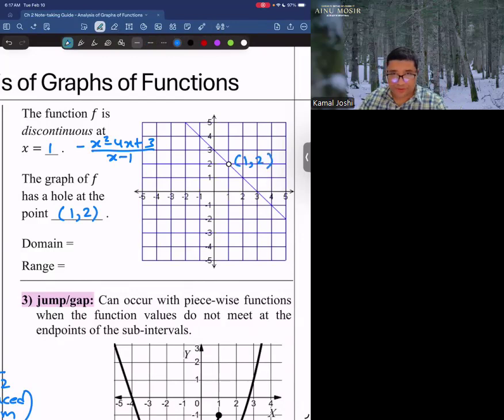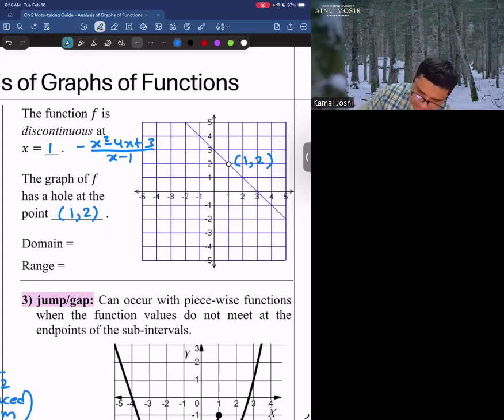I'm writing all this because these are the details you will need to know. If you have to sketch the graph of a function which has a hole like that, you need to know where the hole is. Your sketching would be accurate if you know that.